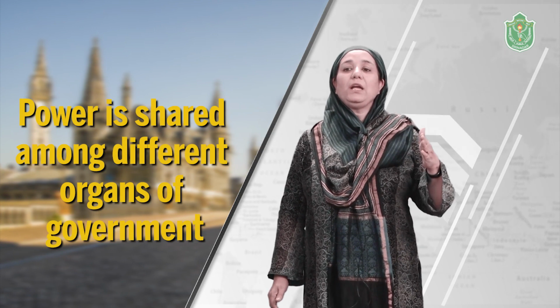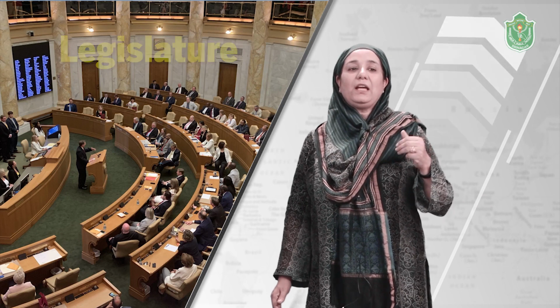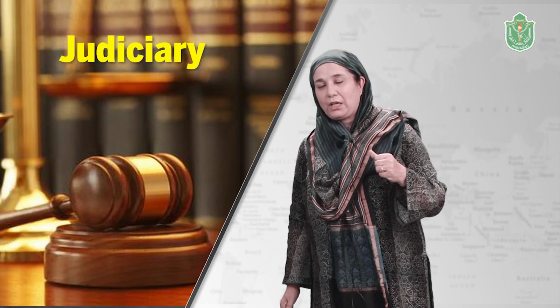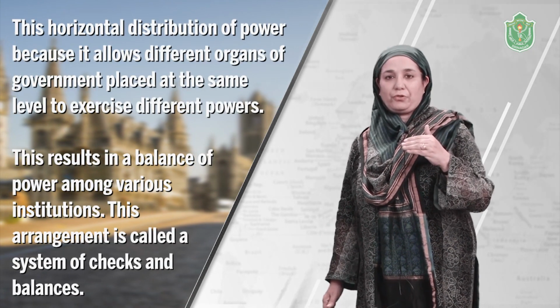Now, the second topic which we are going to do is that power is shared among different organs of the government. We have already studied the three organs of the government, that is legislature, executive and judiciary. This is also, children, known as the horizontal distribution of power.